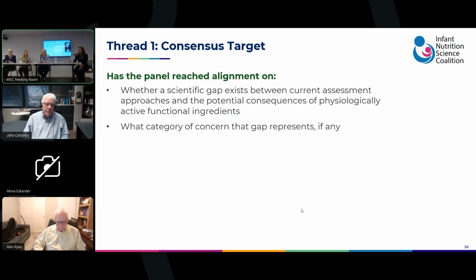When I first saw this consensus target, my thinking is, we've had a lot of discussion about the issues. We could do a nice laundry list of all the issues that have been identified. And the one area where we perhaps come closest to a principle is that notion of, are we moving toward human milk or are we moving away?